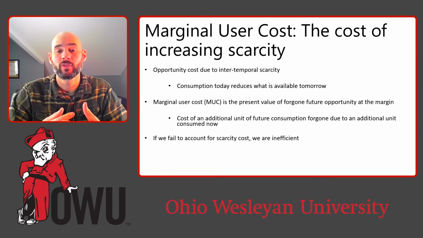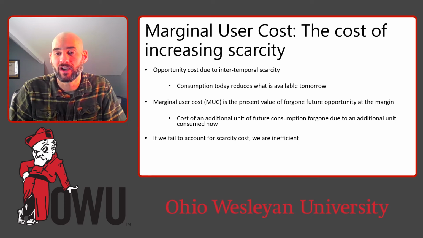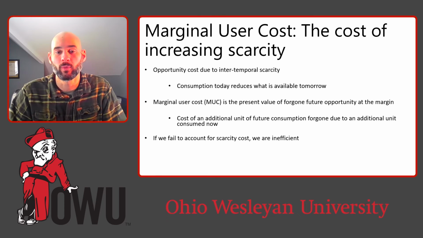And so the marginal user cost then is the present value of foregone future opportunity at the margin. So here we're focusing on the margin, a little bit more, a little bit less, which is really where we think of efficiency in economics.